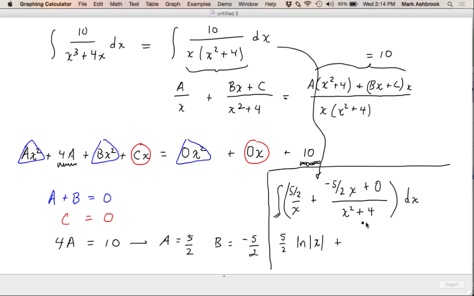So we're going to do the antiderivative of 1 over x squared plus 4, which is natural log. Here the absolute value bars would be optional because x squared plus 4 would always be positive. So whether you put them or not, it's the same. And we're going to have a negative 5 halves. But we're also going to have, when we think about taking the derivative of this and getting a 2x with the chain rule, therefore I'm going to need another half.